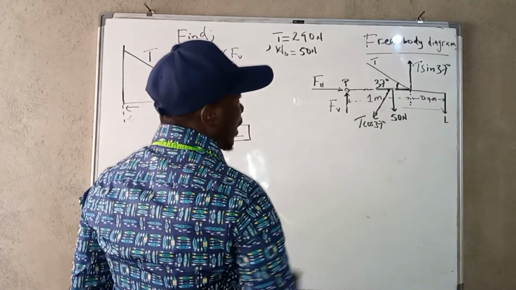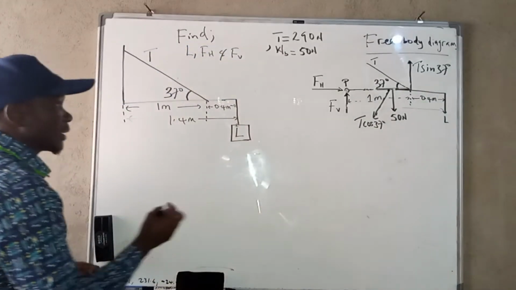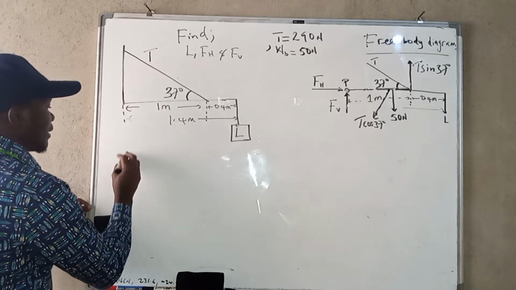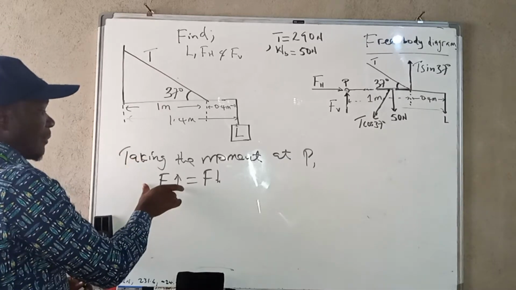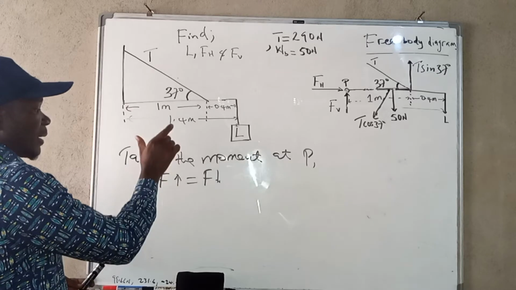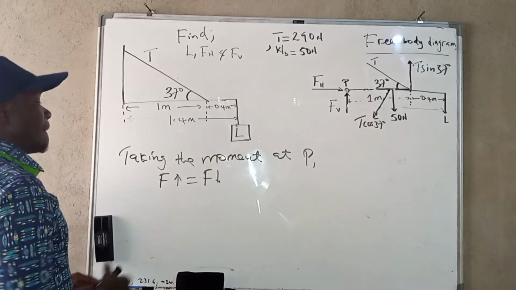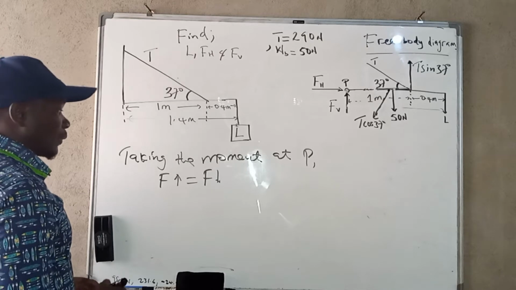So we are going to say, taking moment at P. Taking the moment at P, the moments that are going to be produced by the upward forces and the moments that are going to be produced by the downward forces must be equal.